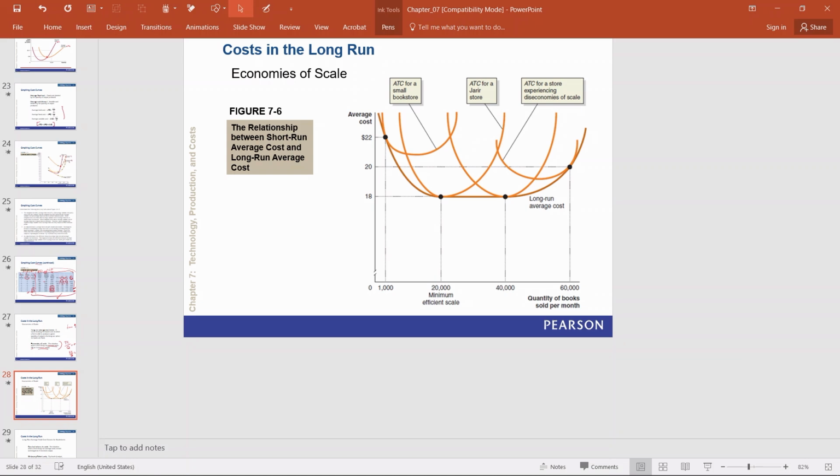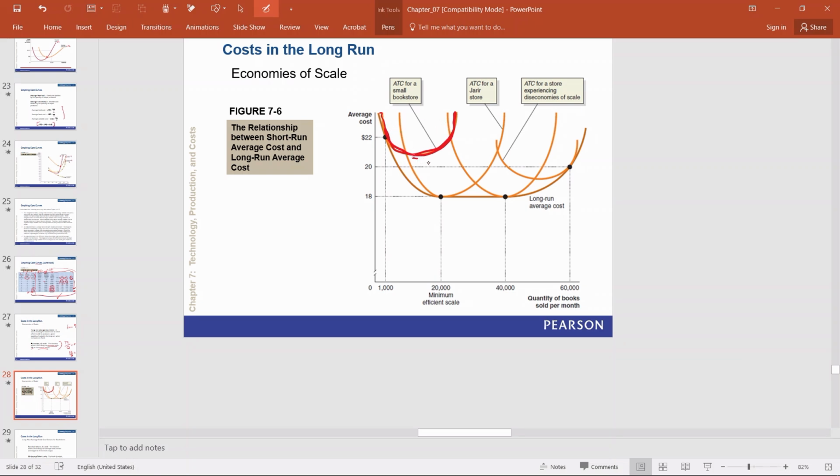What does this explain? Just take one of these U-shaped cost curves. This is average total cost. Each one of them is average total cost. What do you see in the U-shape?